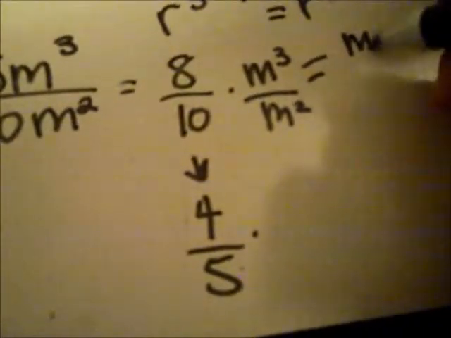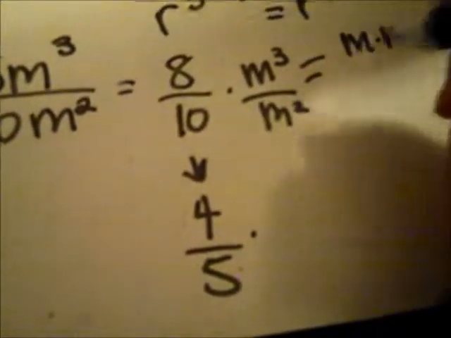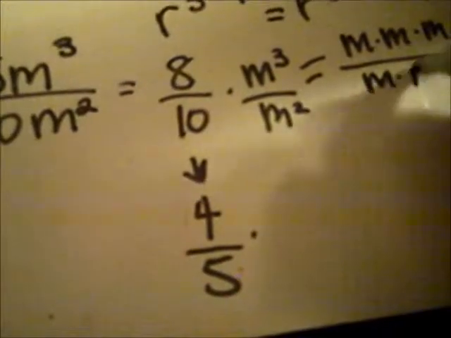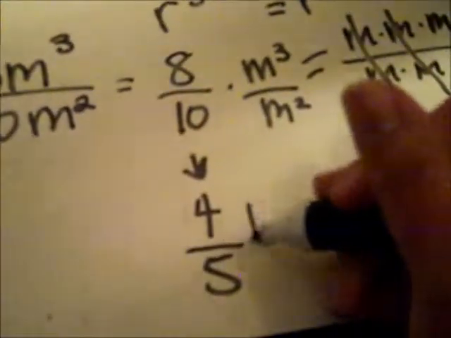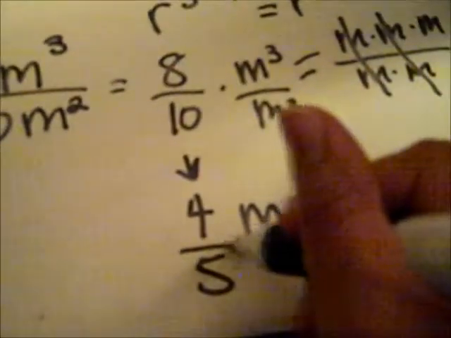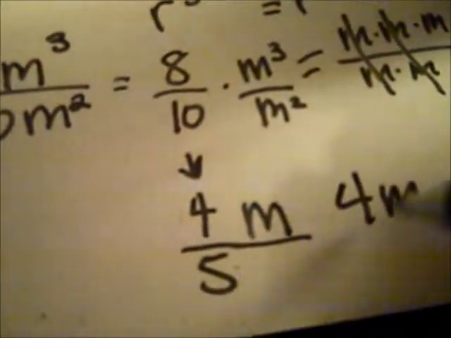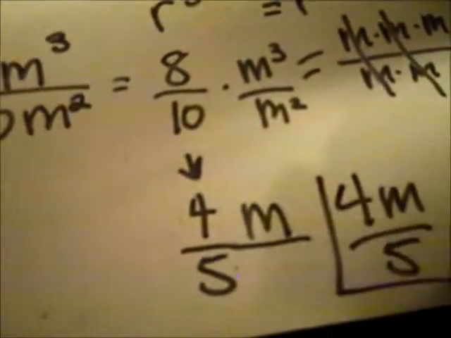Okay, now let's use our rule. This is going to equal m times m times m over m times m. If we have an m over m, we can just cross it out, and we're left over with 1 m in the numerator. So we get 4m over 5. That's our answer.